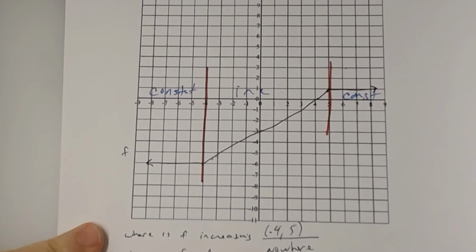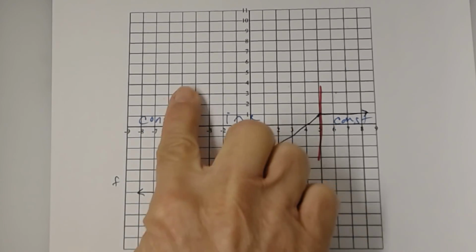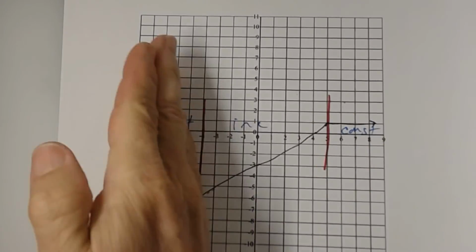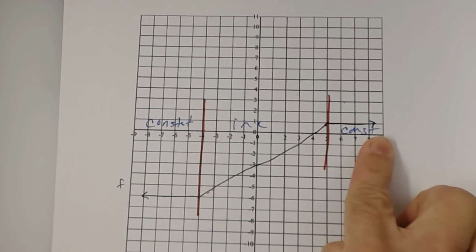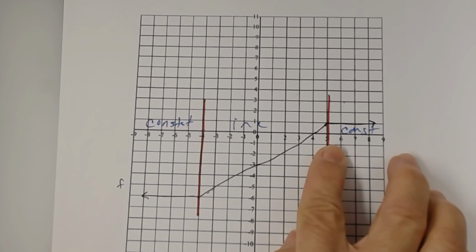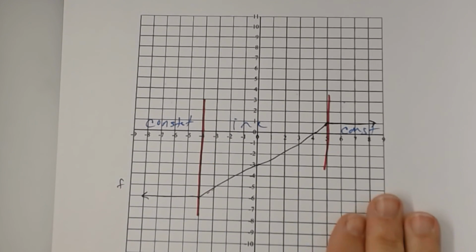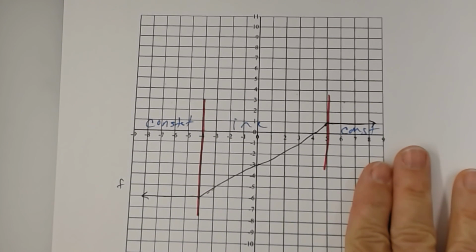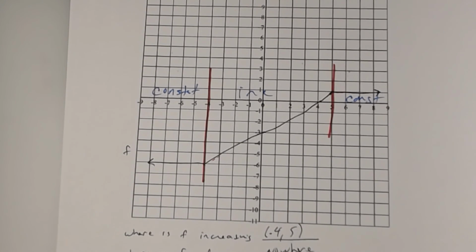But when you get to the increasing and decreasing, make sure you do this. It helps if you write it out. You draw those little red segments, and then you explain what's happening between each part of the x-axis. So here it's constant, here it's increasing, and then here it's constant. Okay? All right, so we do a little bit more with that Saturday, so you should be okay with that.